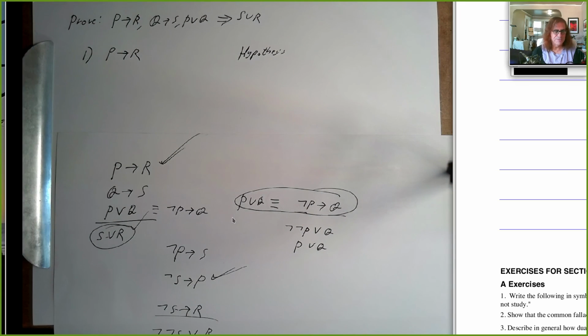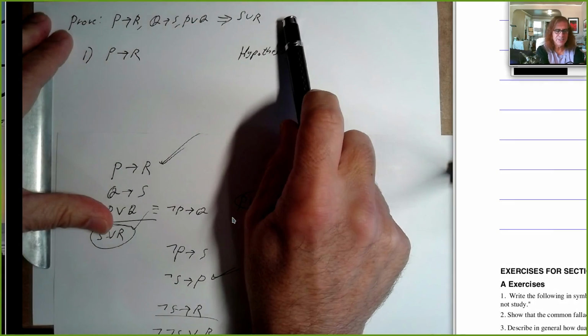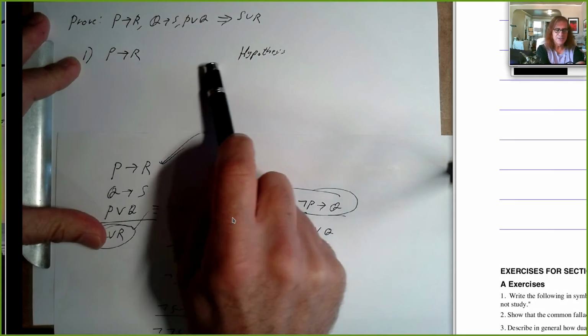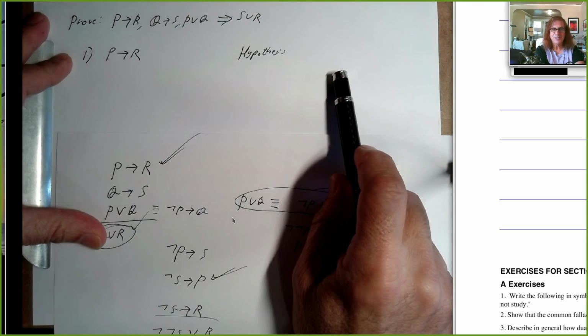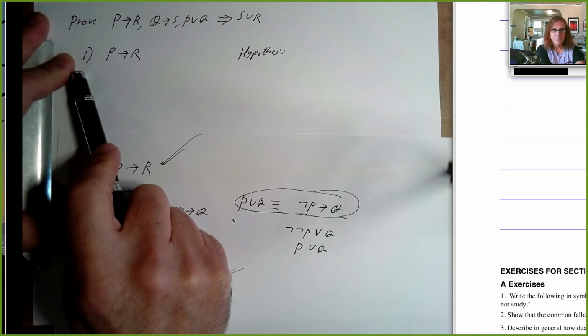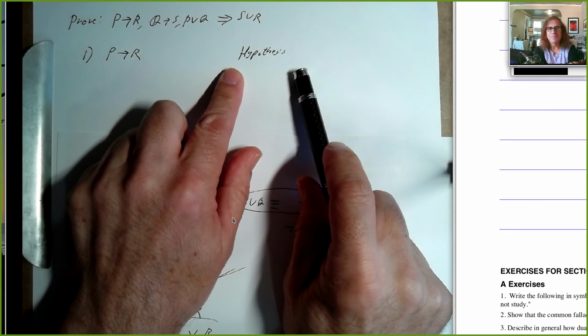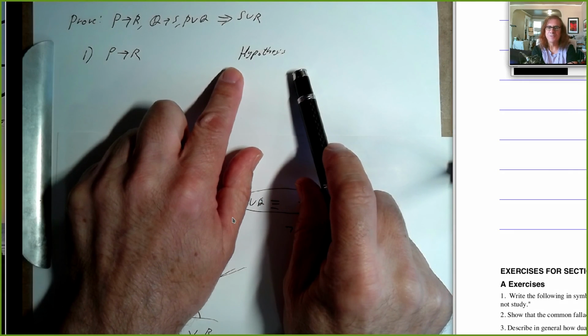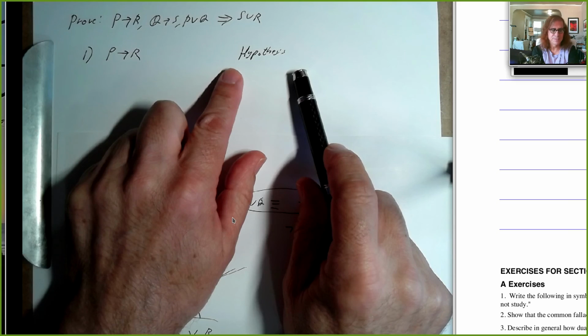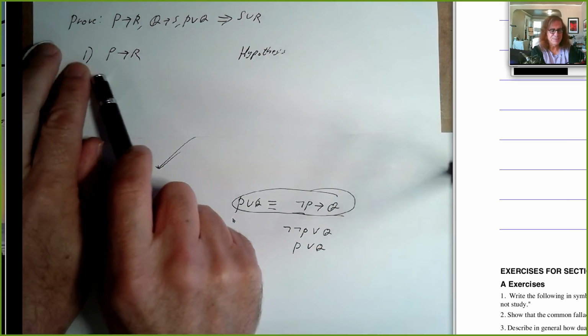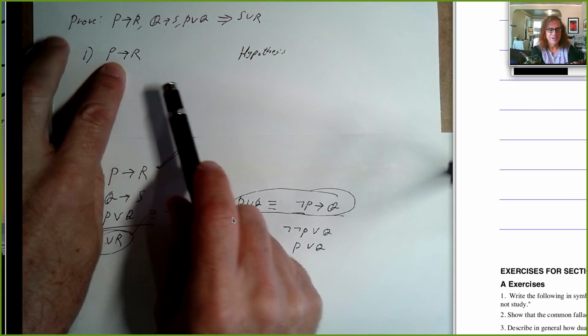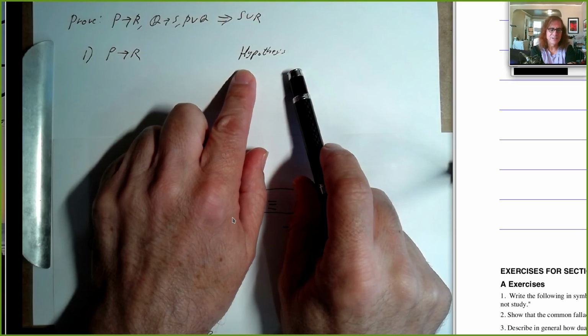All right, so every proof you write, you're going to start off by saying what you're trying to prove, and then you're going to write a series of lines, and each line will have three pieces to it. A number, the proposition itself, and the reason why that proposition belongs in your proof, the reason why you know it's true. So the first line of my proof says if P then R, and that's true because it's a hypothesis.